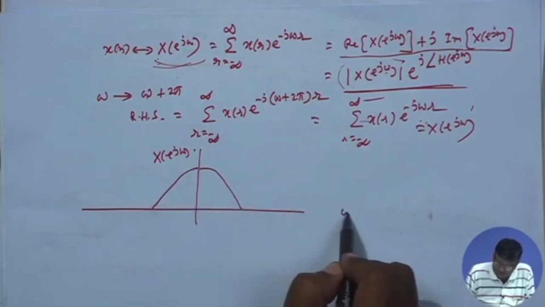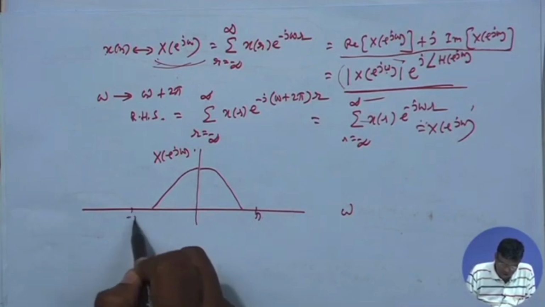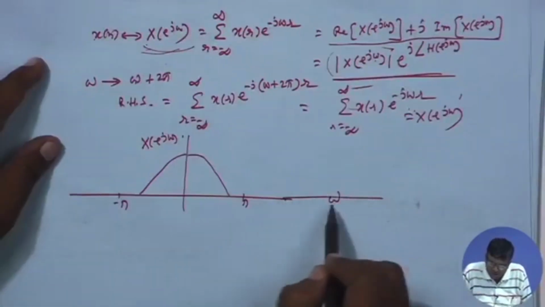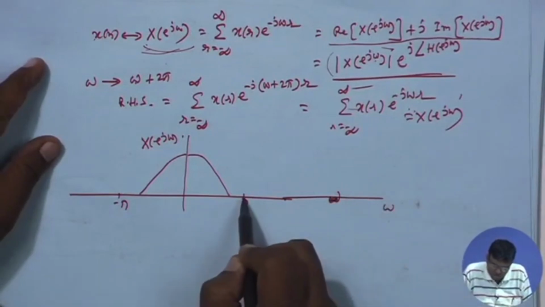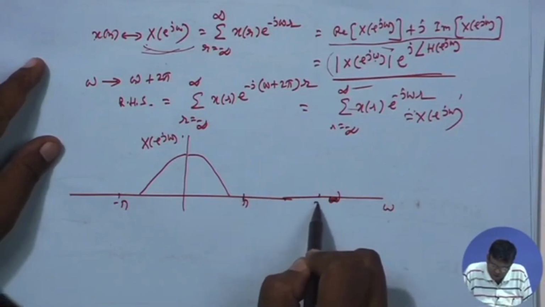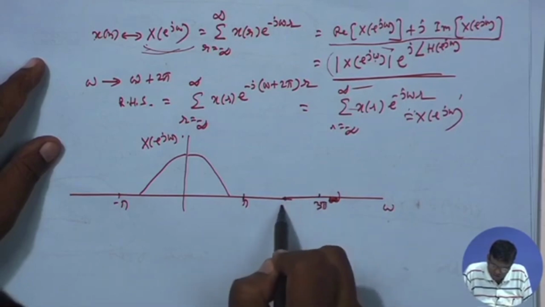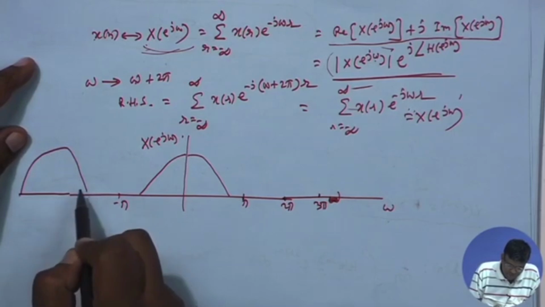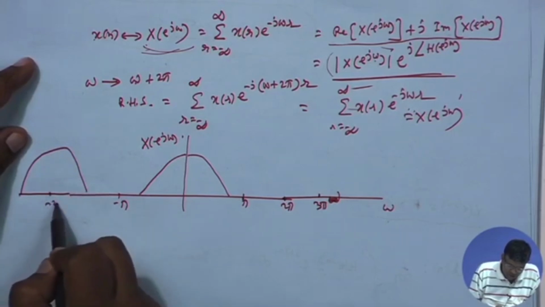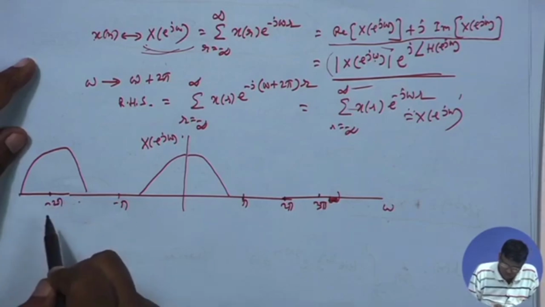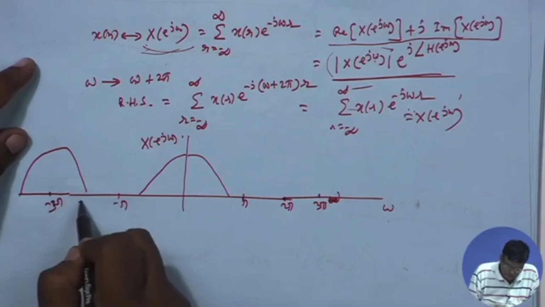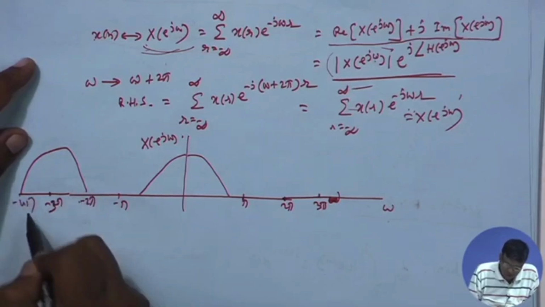any plot versus omega, say maybe pi here, minus pi here. Then if we extend from pi to 3 pi, with 2 pi here and minus 2 pi, minus 3 pi, minus 2 pi, minus 4 pi.